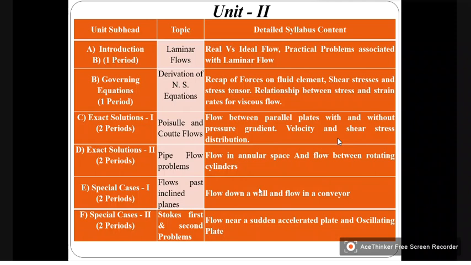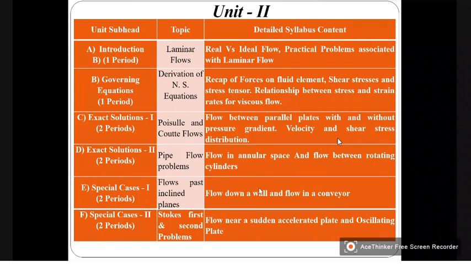See, if you recall your fundamental knowledge of Newton's law of viscosity, it says that tau is equal to mu du by dy. What is the tau? Tau is the shear stress. And what is du by dy? du by dy is nothing but the deformation or the strain. So that is for a simple case of two-dimensional flow.